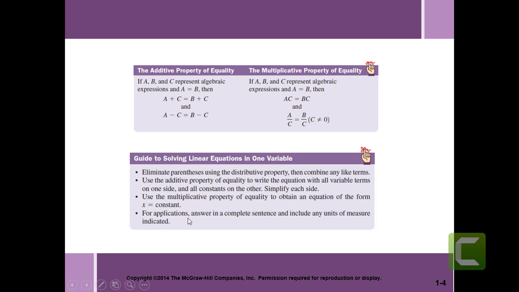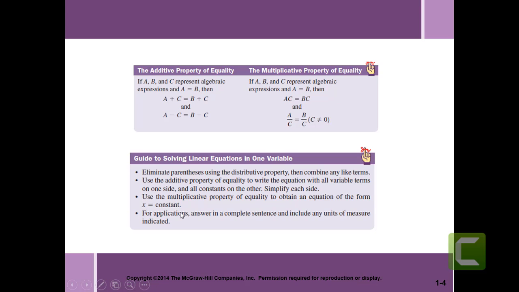And then for applications, answer in complete sentences. This is an important one for word problems, application type problems. You're always going to want to make sure that your answers are in complete sentences, and that you use the correct units in your answer. If you say x is equal to 2, but you don't tell me what the units are, I don't know if you're talking about $2, 2 seconds, or 2 grams.